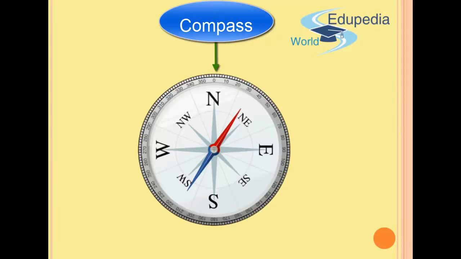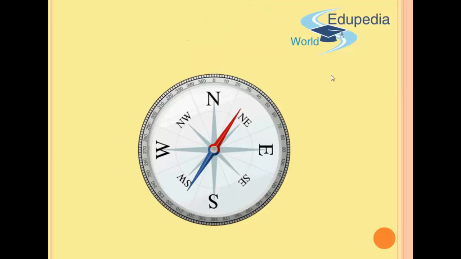So, you will be making use of directions, the general directions, that is north, south, west and east, and the four sub directions. So between north and east we have the northeast direction, between south and east we have the southeast direction, between south and west we have the southwest direction, and between west and north we have the northwest direction.